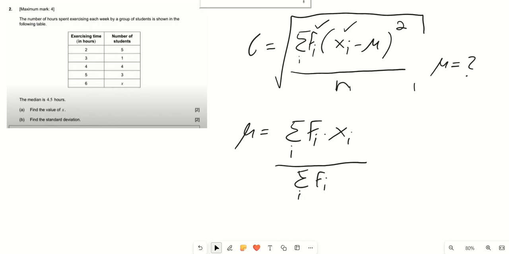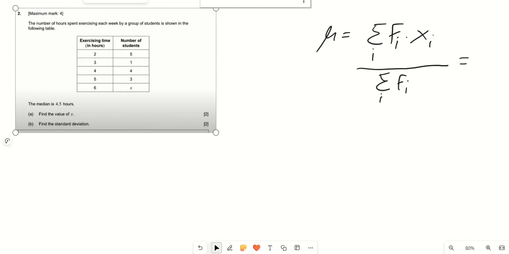So this term can be calculated from the given table. I'll copy the table again so it will be convenient to calculate, and I will go row by row. So we take fi, the number of students in the first row, times xi, the number of hours they spent preparing, which is 2.